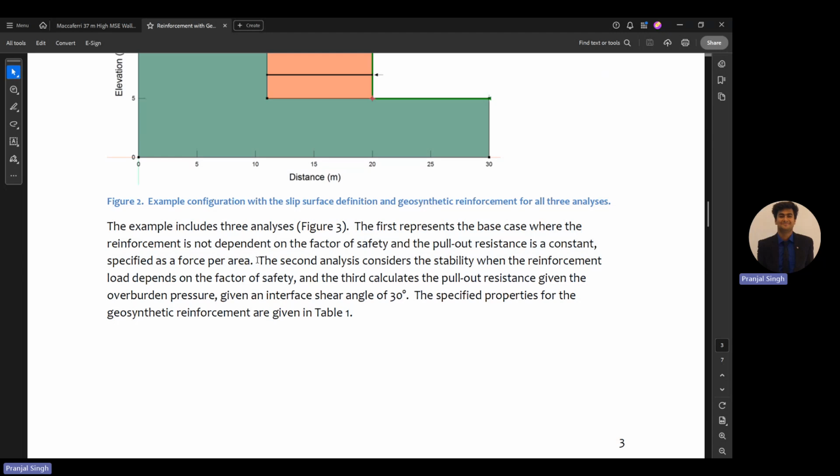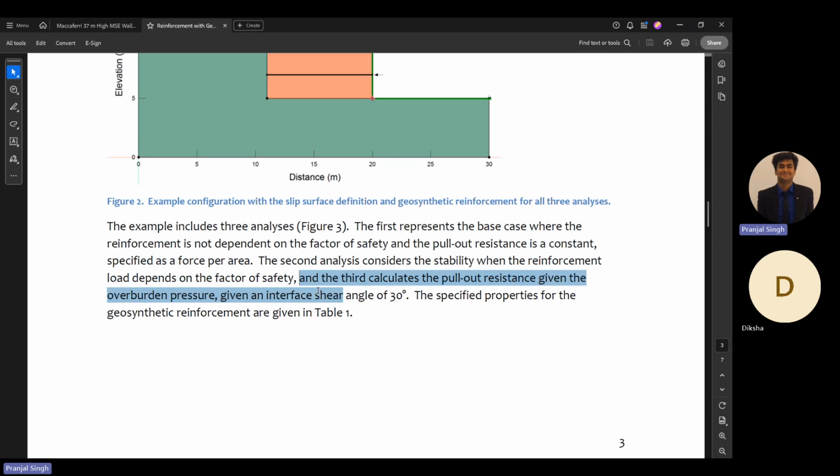The second analysis is that the reinforcement depends on the factor of safety. And the third case is that the pull-out resistance is actually dependent on the friction value rather than the bearing value. And that's why we have to give an interface shear angle, which is equal to phi only. Delta is equal to phi.